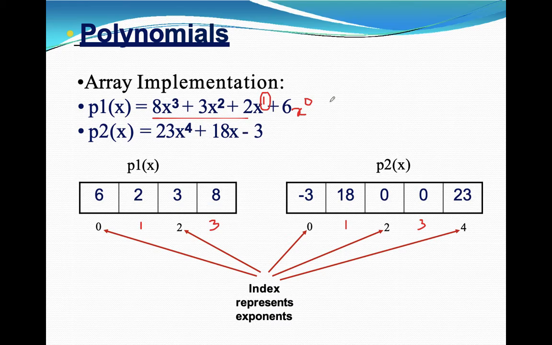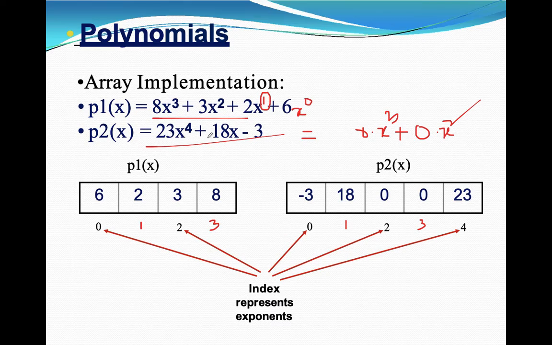Clear? And this one also is what? Here we have 0 into x to the power 3, x cube, plus or minus whatever you can say, 0 into x square, isn't it?